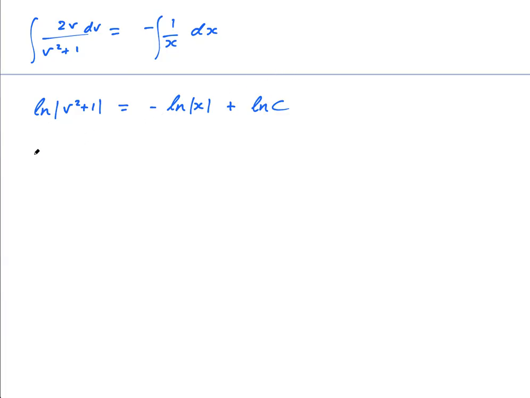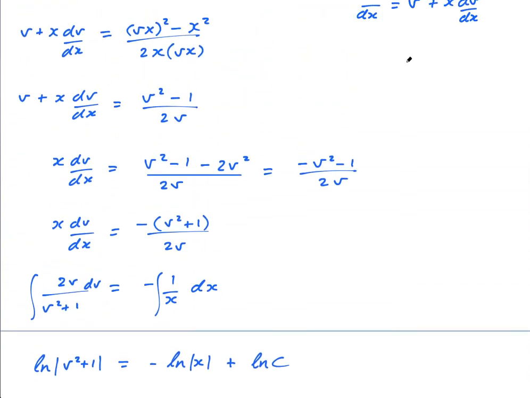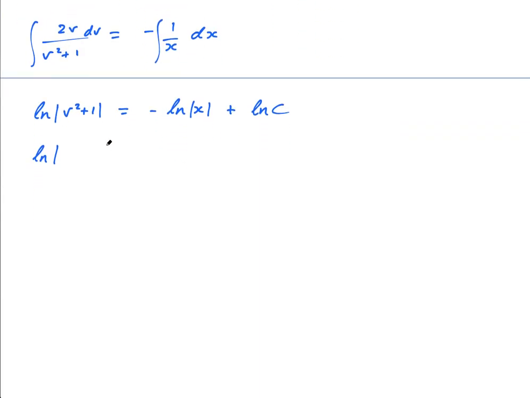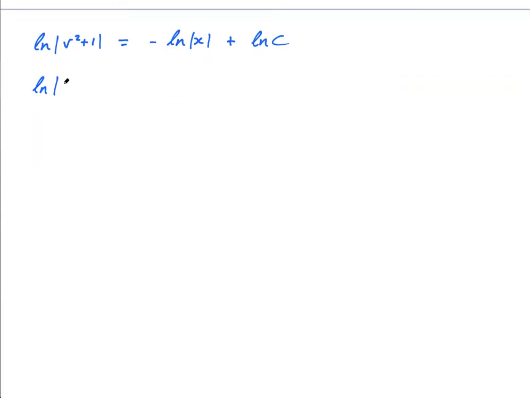I can say ln of v squared plus 1. And by the way, let's keep it as v squared plus 1, but v is actually going to be y over x if we look at our substitution, but let's keep it as v for a second. So I can say ln of v squared plus 1 equals ln of c over x, like this.